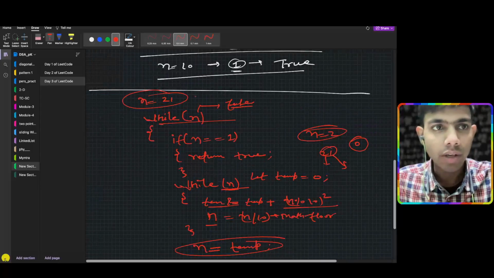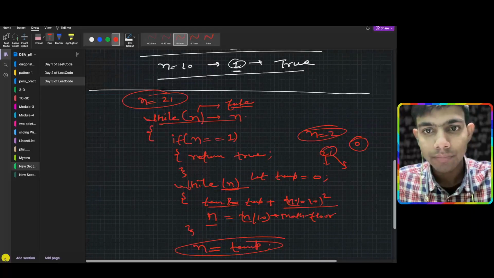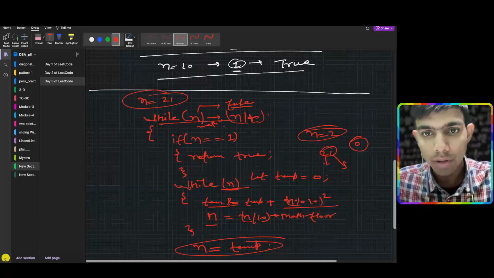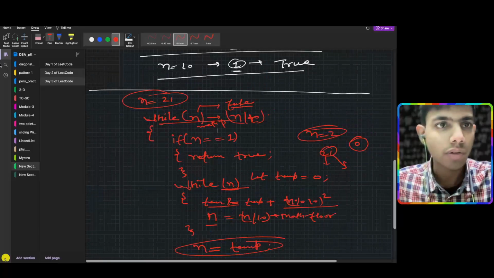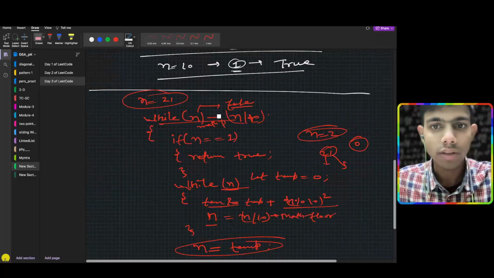We need to check here if n divided by 10, that is Math.floor. Okay, sorry guys, let me just erase it.